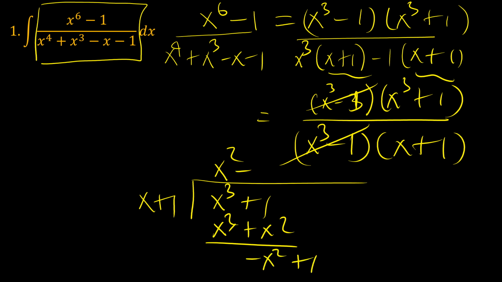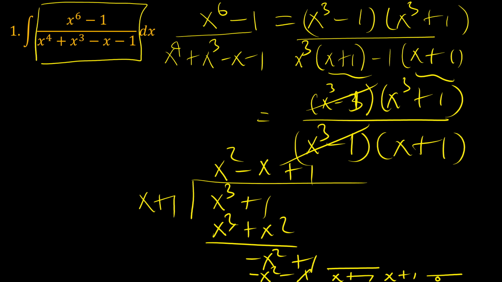Multiplied by minus x, we have minus x squared minus x, and that becomes now x plus 1, and so we multiply again by positive 1, and we get x plus 1 here, and that becomes 0.